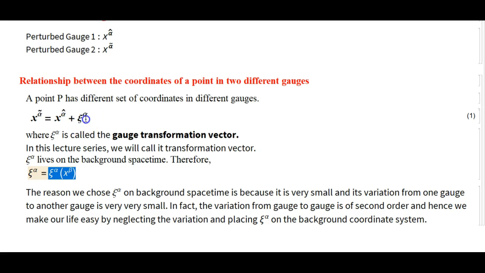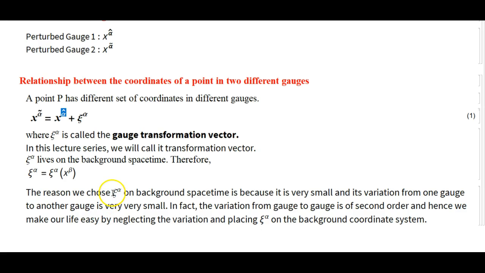Once we place it on the background space-time, because this value is very small, its value in gauge 1 and its value in gauge 2 will be almost the same as its value in the background space-time.